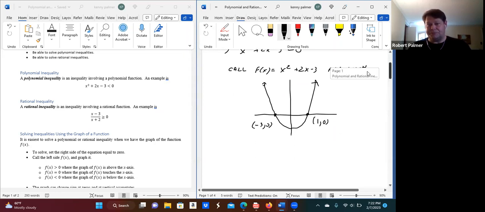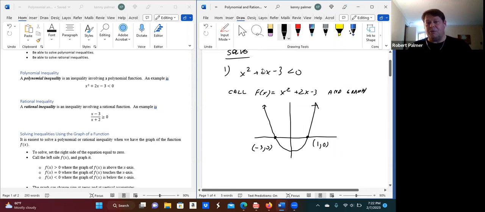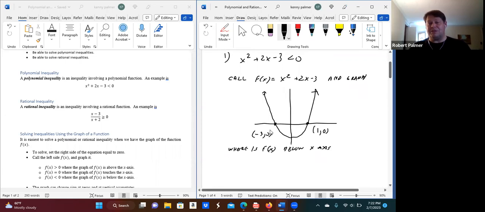Okay, now what we're looking for is where it's less than 0, where it's below the x-axis. So where is f of x, the left side, below the x-axis? And we do that in terms of x. So it's below the x-axis between negative 3 and positive 1.